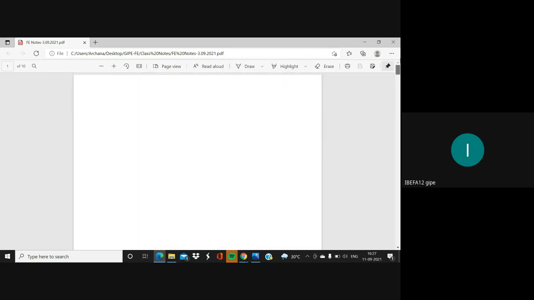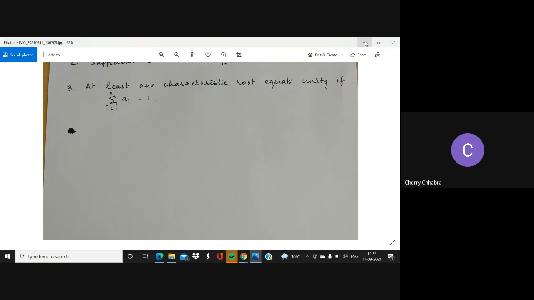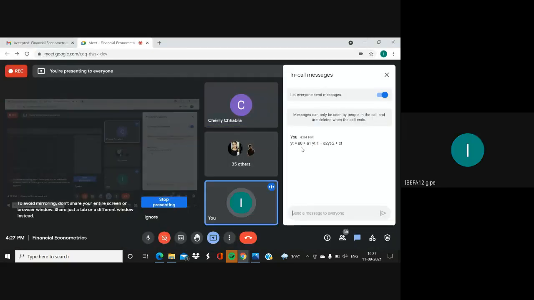Ma'am, any book that we should refer to, or your notes are enough? You can refer to Rousseau and Campbell, Lo, and MacKinlay. You can refer to these books. Then there's a book by Hamilton which follows matrix notation, so you all might find it harder. But in general, those two books will be fine, and for the rest, you can follow the notes.